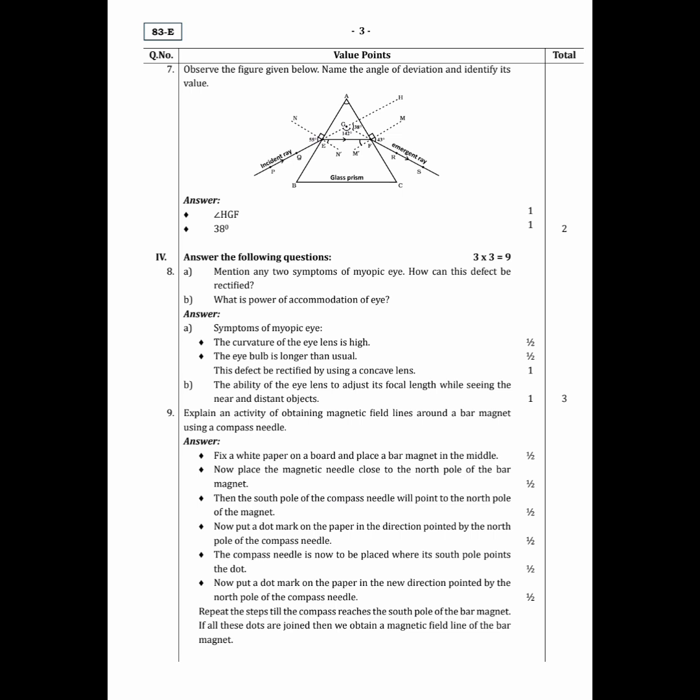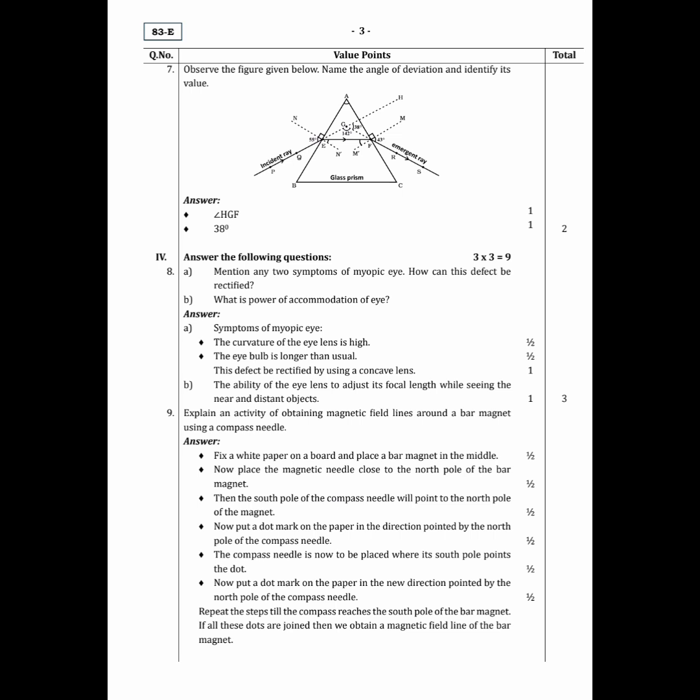Next main, answer the following questions. Question number 8. Mention any two symptoms of myopic eye. How can this defect be rectified? Next sub question, what is power of accommodation of eye? Now for A question, answer is symptoms of myopic eye.